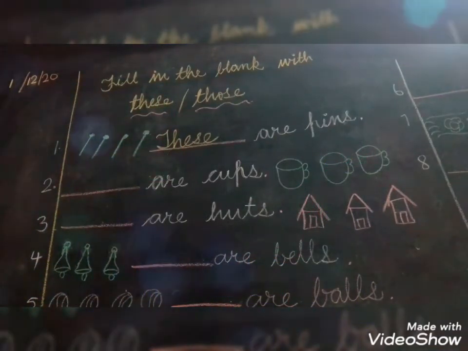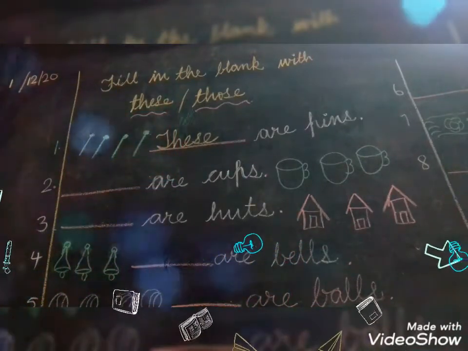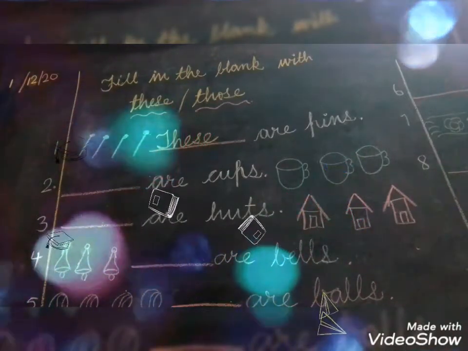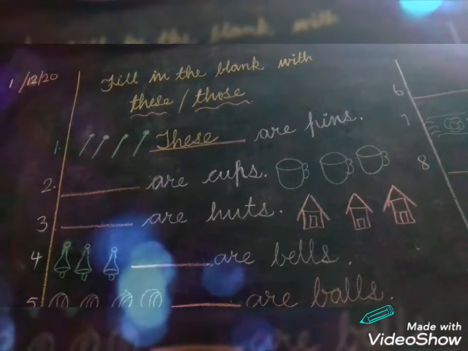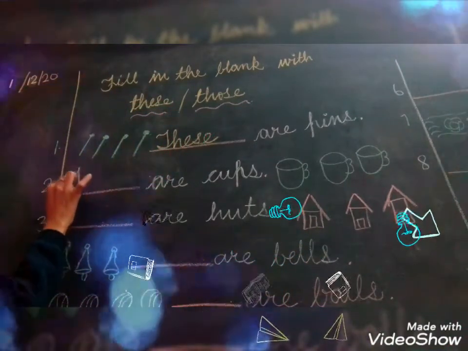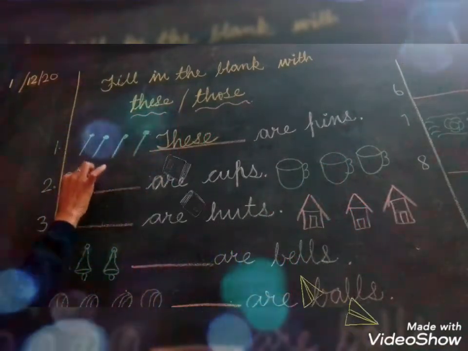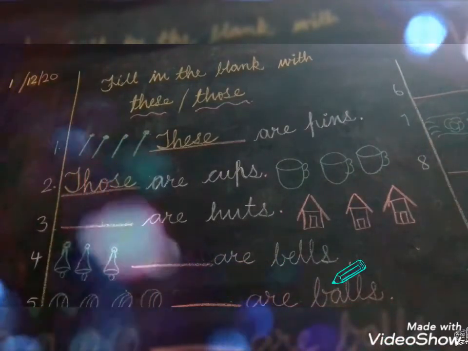Second one: blank are cups. So many cups are here, but cups are far from us. So what will you write here? Those are cups. What is the spelling of those? T-H-O-S-E.